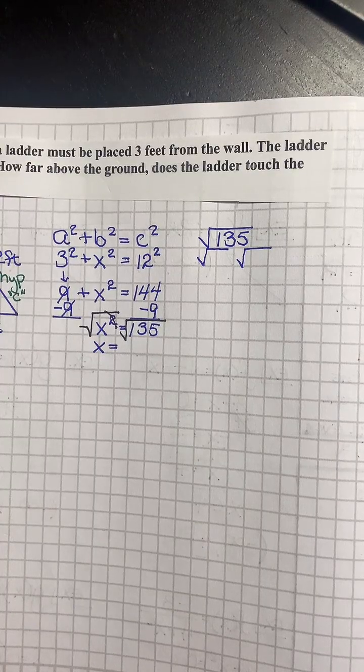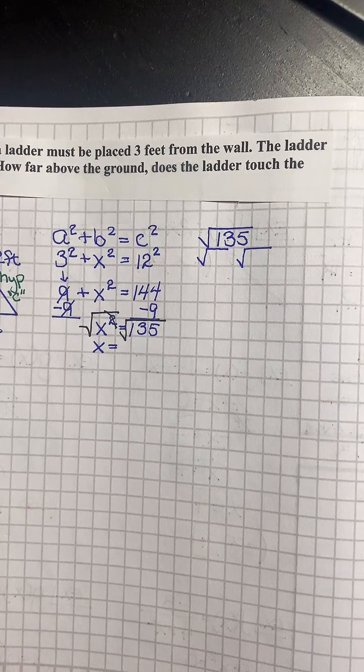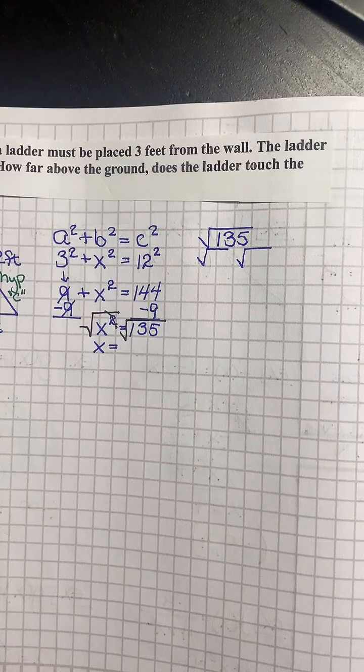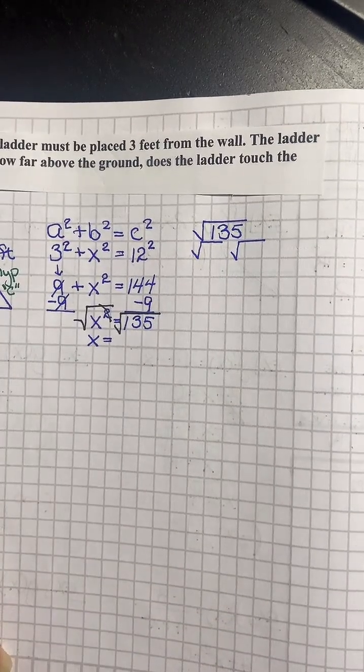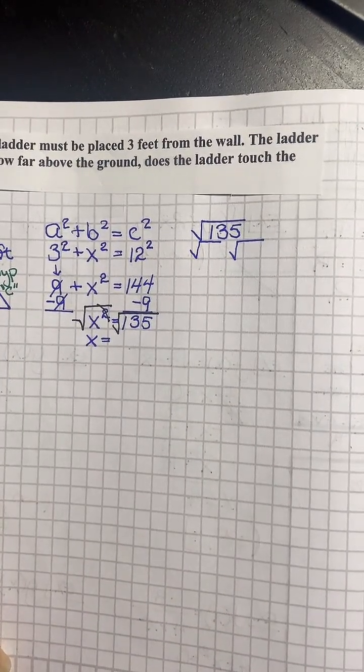What do we think? Yeah, 5 doesn't work, but it does give me something. My brain had to do this in school. I know, right? So what 2 numbers multiplied together will give me 135?